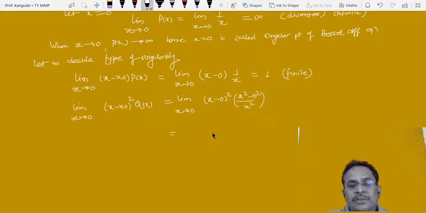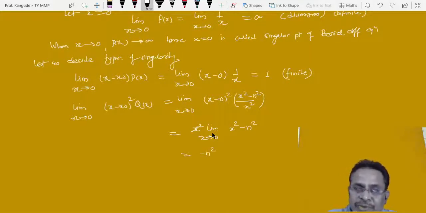So x minus 0 square is x square, the x square in the numerator and the denominator get cancelled, and you will get limit x tends to 0 of x square minus n square. When I put x equal to 0, the first term becomes 0, but the second term is minus n square. And as we said that n is a certain constant, so this is also finite.